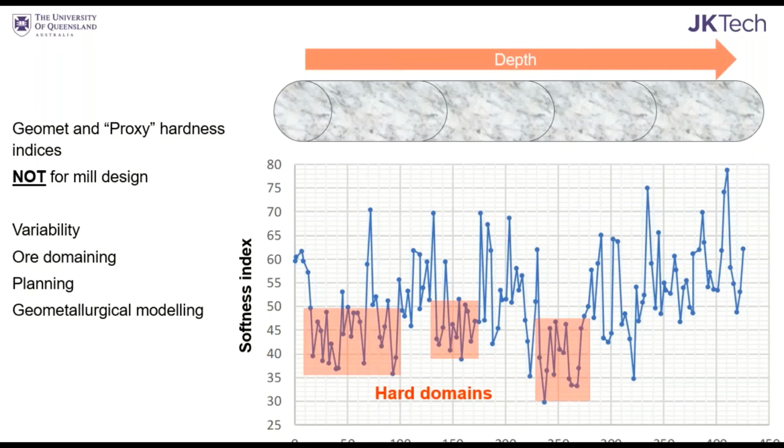With further analysis, hopefully you'll be able to relate that back to an attribute, some sort of property in the ore, maybe mineralogy, for instance, to be able to get down to the true driver of why that ore is hard, or potentially why it's soft. So that's the objective of these ones.